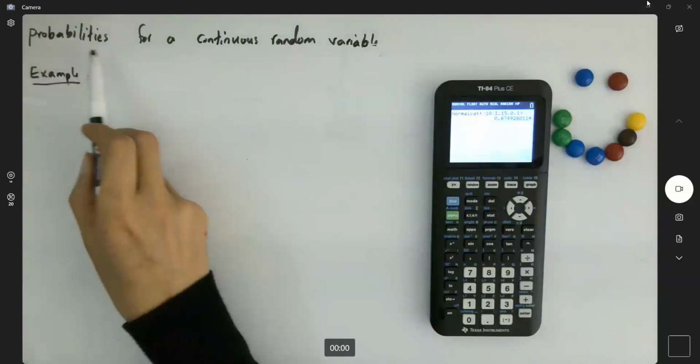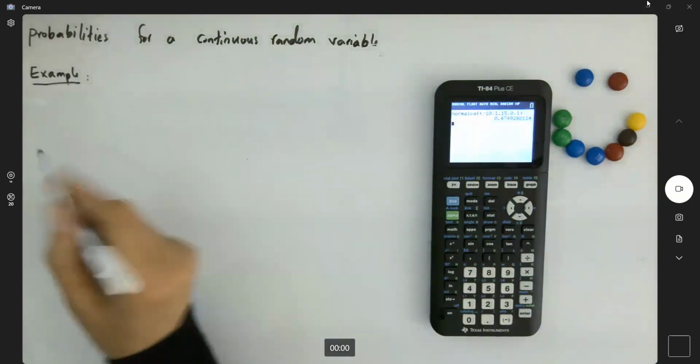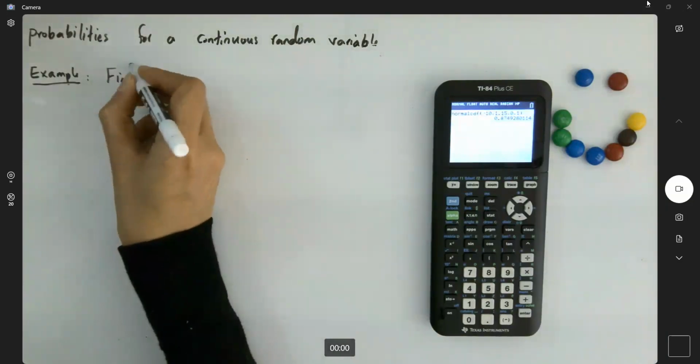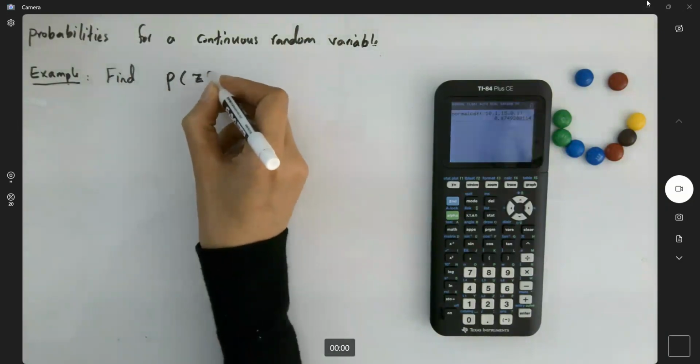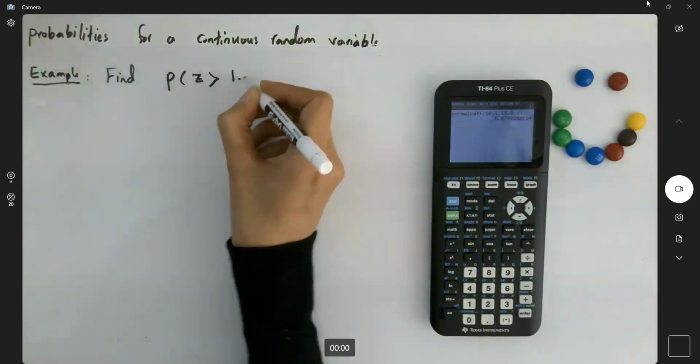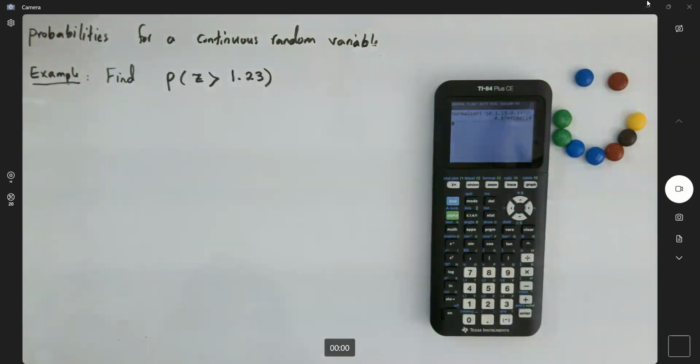We are on probabilities for a continuous random variable. And our next example says, find the probability z is larger than 1.23. Okay, perfect.